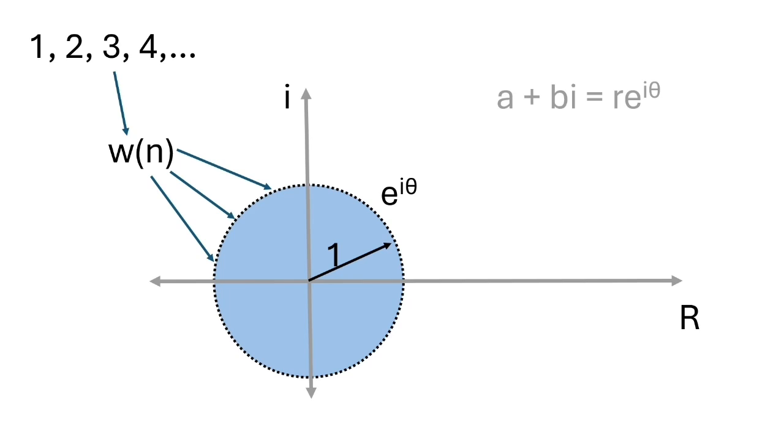So if we're using the r e to the i theta system, when you're on this circle, because it has radius 1, the r value will always be 1, and you don't have to display that. So it's just e to the i theta. And so it becomes purely a matter of identifying the angle to tell you where on the circle you are.